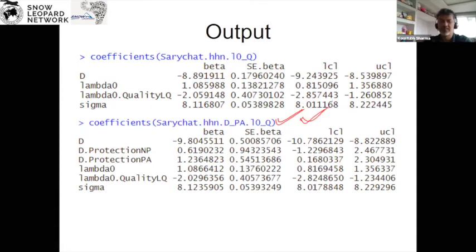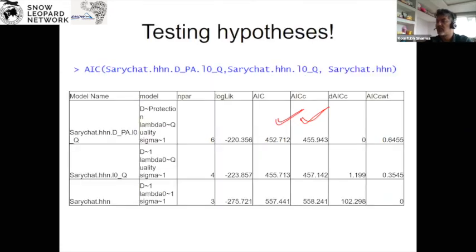What happens in this case is when you compare it with the other models, you will use AIC to test which of the three models is valid, or I wouldn't say valid, which of the three models is best describing my data.